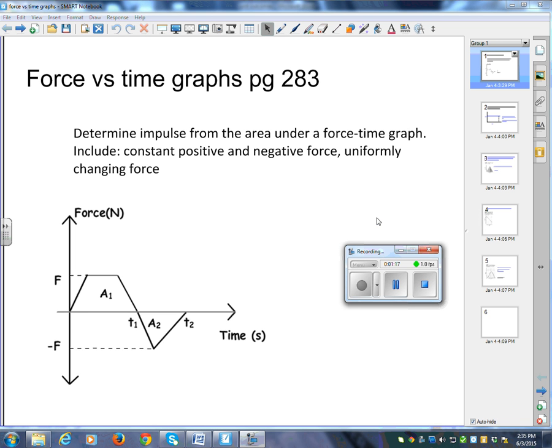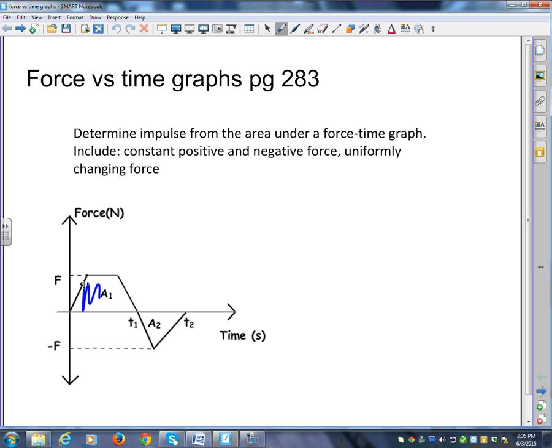We will determine the impulse as the area in a force time graph, including constant positive and negative force and a uniformly changing force. As always, the area under a graph means something. In this case, this is force, this is time. So what is force multiplied by time?